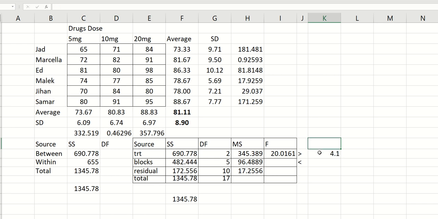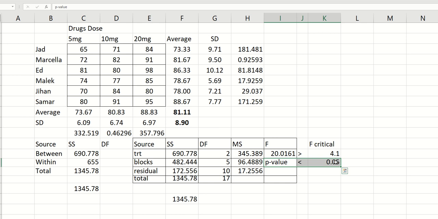So let me write up here F critical. My F calculated is bigger than the F critical. Automatically, this means that my p-value is less than alpha. The alpha we're using here is 0.05. So p-value less than alpha. This is step number 4, and 5, I guess. Step number 6, we're going to reject the null hypothesis.